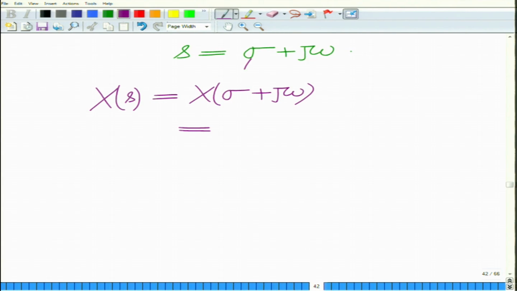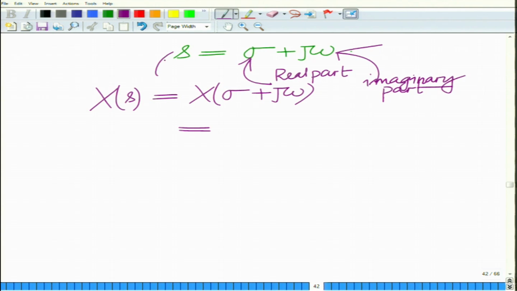Sigma is the real part, and omega is the imaginary part, and you can think of this as a complex frequency. So s has both real and imaginary parts.